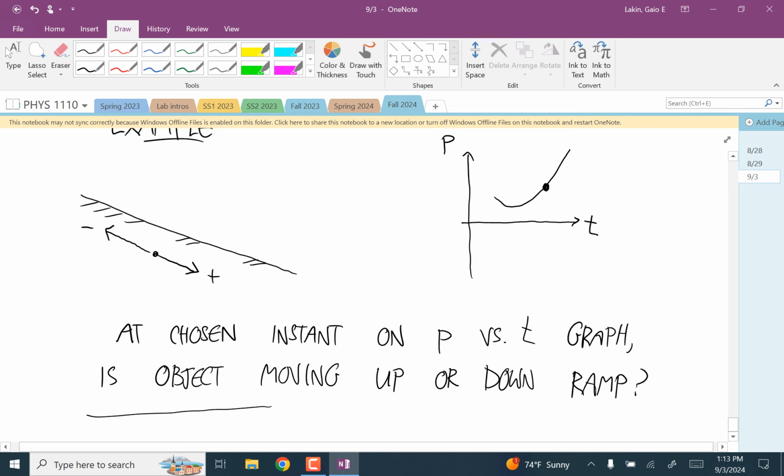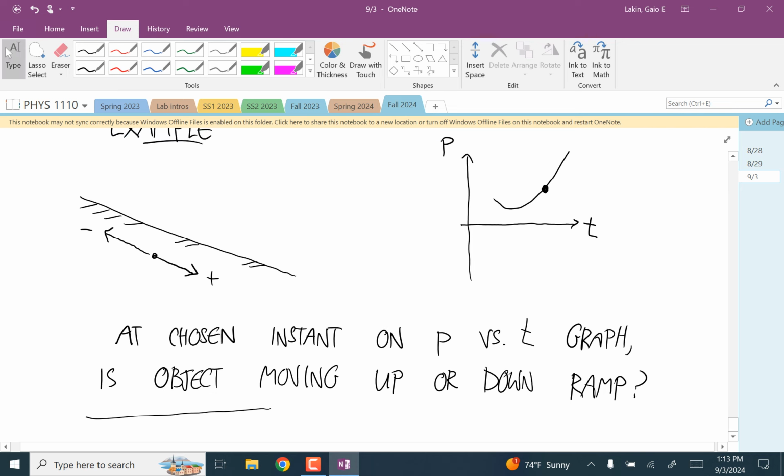Okay, well, we can figure out the sign of the velocity by figuring out the slope of the tangent. So a tangent line is like that. So is that a positive or a negative slope? Positive. Positive slope.